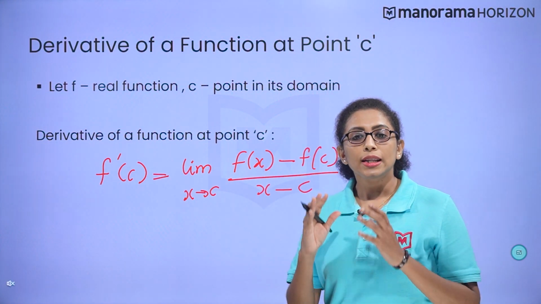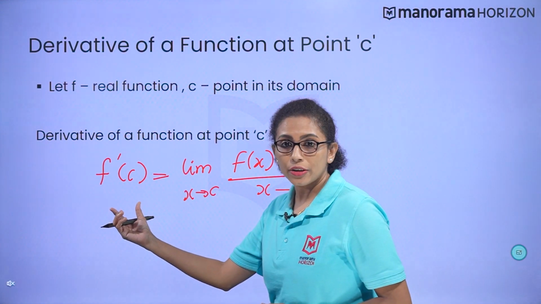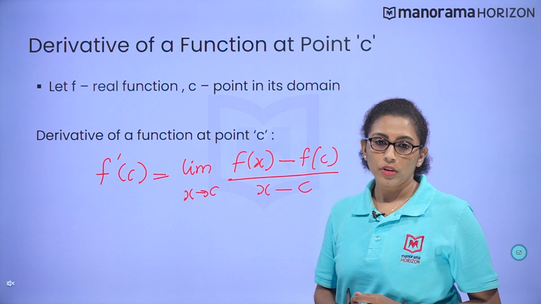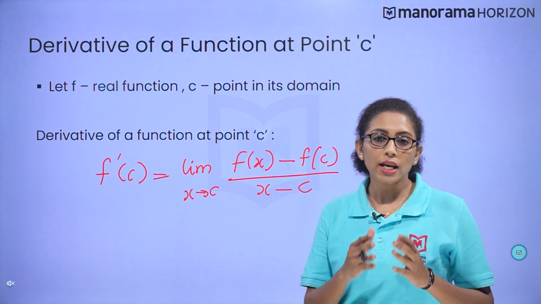We know that the limit exists when the left-hand derivative is equal to the right-hand derivative. Now, let us find the left-hand and right-hand derivatives.